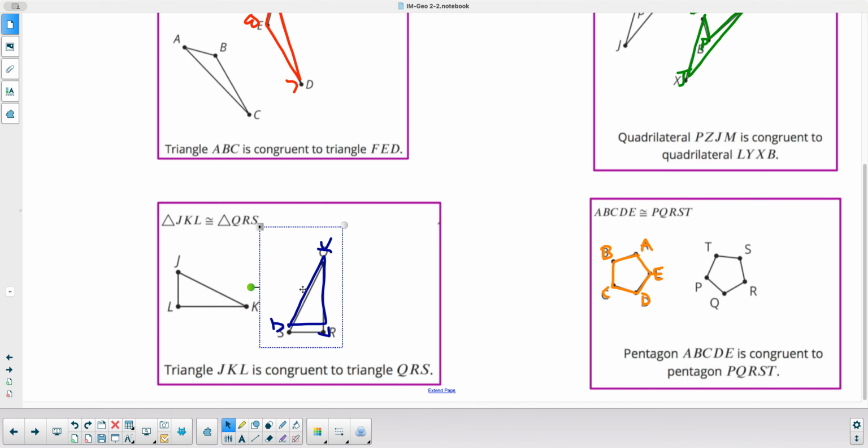J is congruent to S. So this order is wrong. It really should be J goes with S, and then K is with Q, and then L is with R. So that's what it should be. Okay, so this one is false.